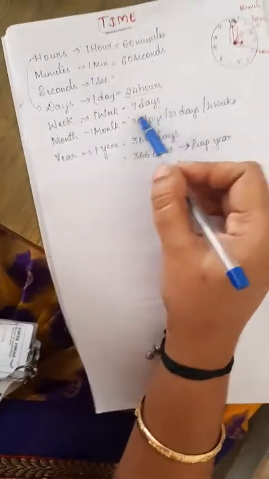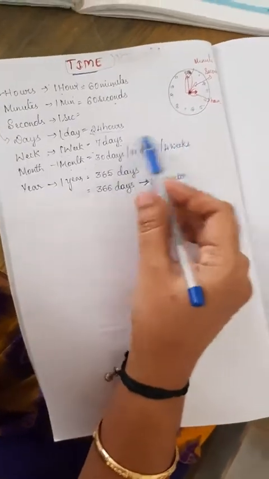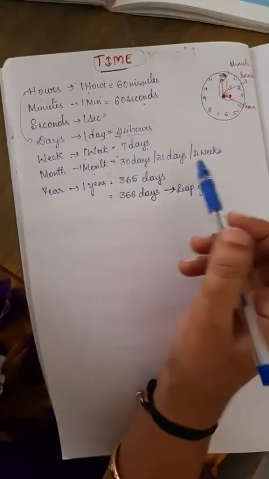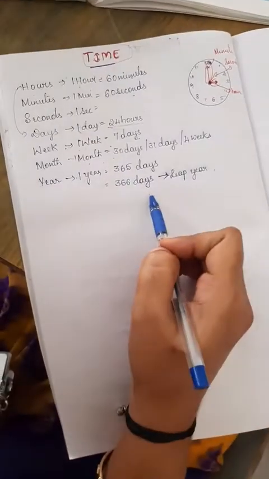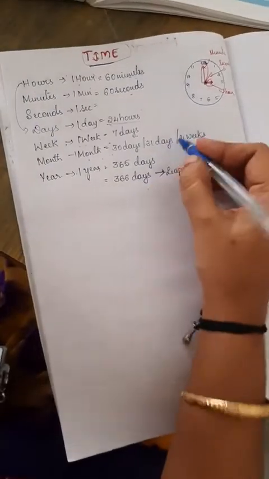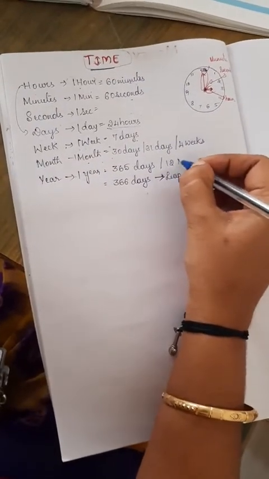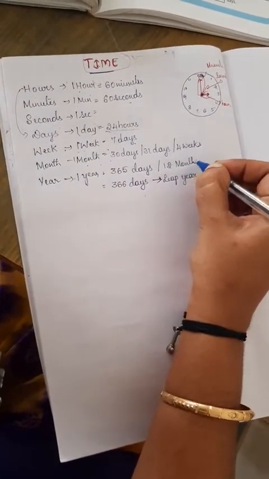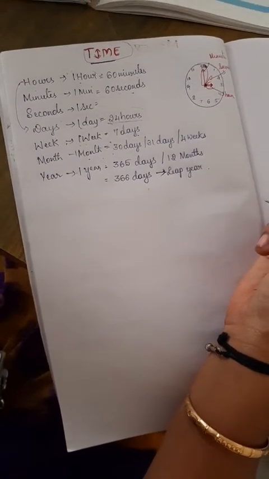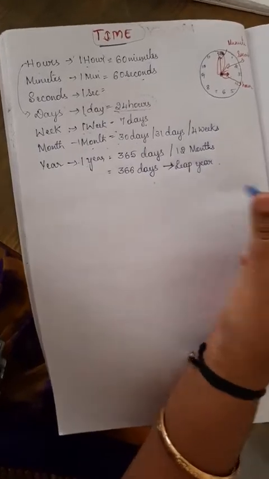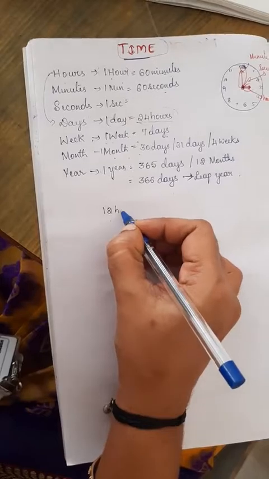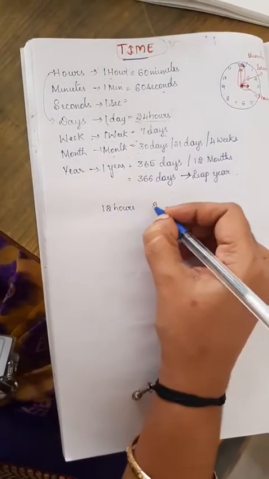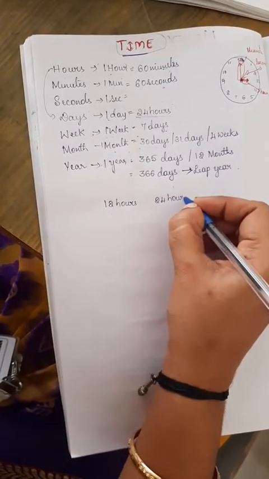So 1 month means either 30 days or 31 days, or we can also call it 4 weeks. 1 year is equal to 365 days, or it can be 366 days, or we also say it as how many months? 12 months. Right? Clear?